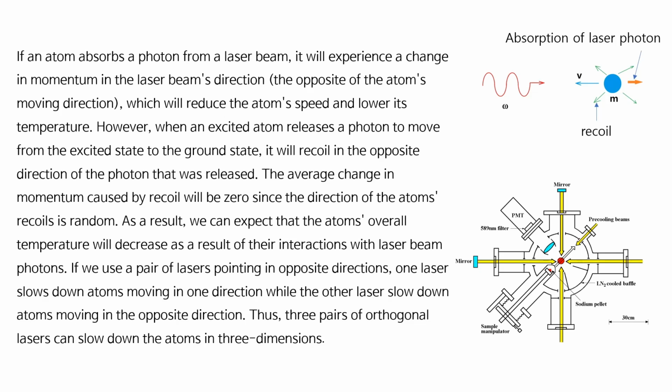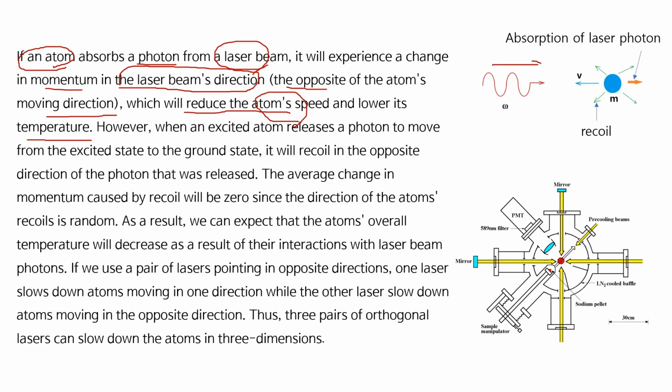If an atom absorbs a photon from a laser beam, it will experience a change in momentum in the laser beam's direction. That is opposite to the atom's moving direction, which will reduce the atom's speed and thus lower its temperature. So the laser is moving in this direction, and the atom is moving in the opposite direction.